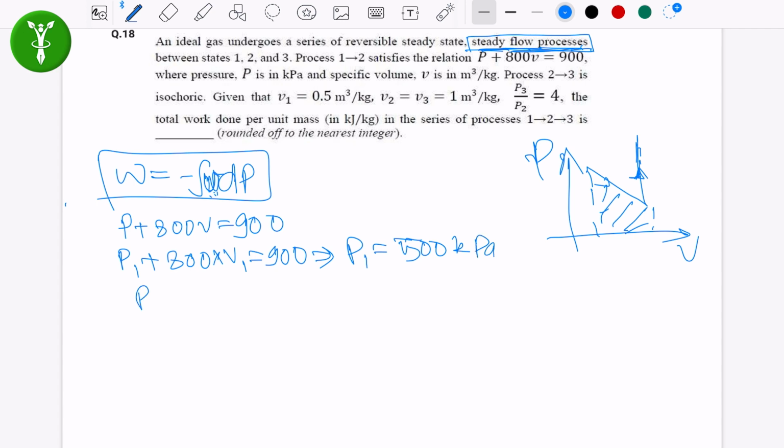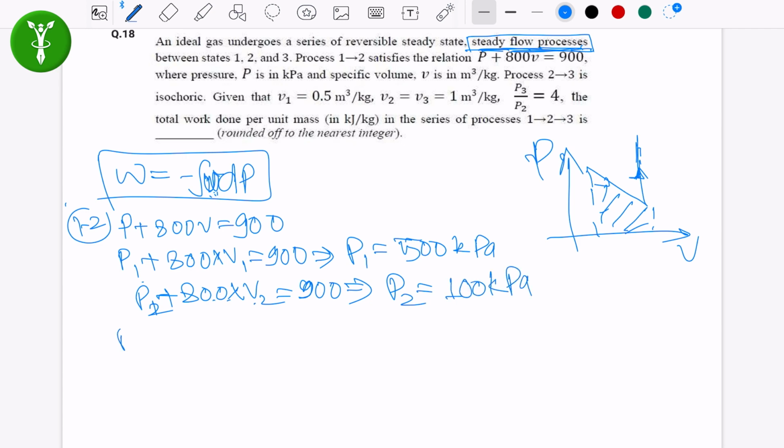Similarly, P2 plus 800 V2 equals 900, so 900 minus 800 will be equal to 100.